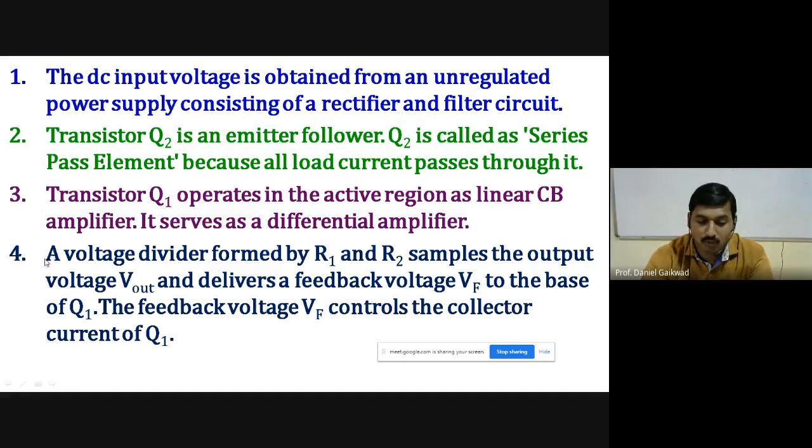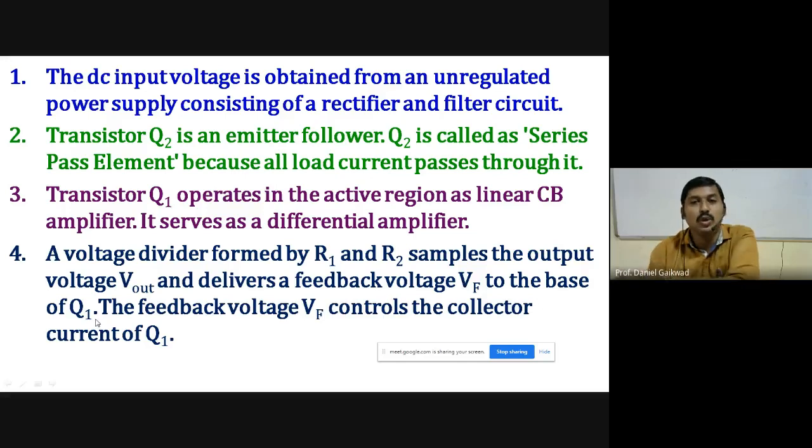Okay. Now fourth, the working of this circuit: a voltage divider formed by R1 and R2 samples the output voltage V out and delivers a feedback voltage VF to the base of Q1.